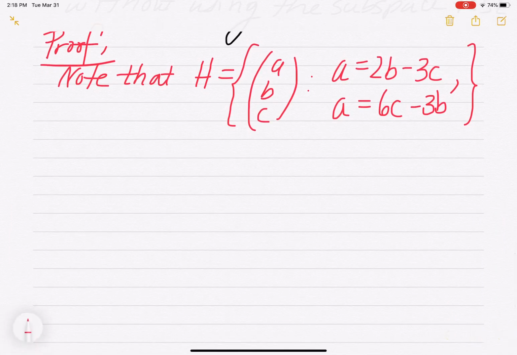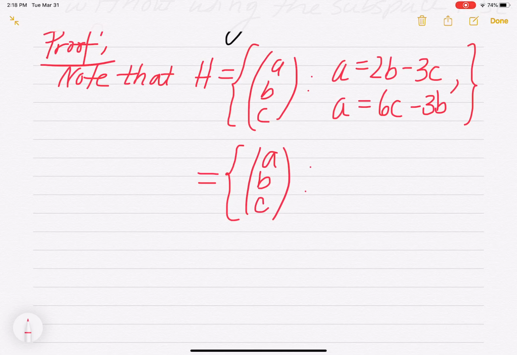So what's this equal to? Let's write our two equations with 0 on the right-hand side.